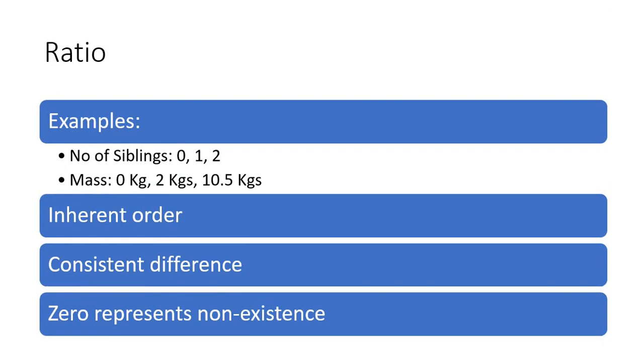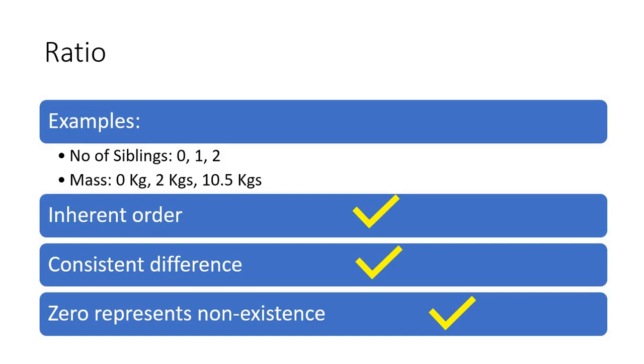At the ratio level, like the previous level, there is an inherent order. The difference is consistent, as at the interval level. In addition, the 0 at the ratio level represents non-existence of something. Examples include number of siblings, for example, 0, 1, and 2. So you see there is an order.